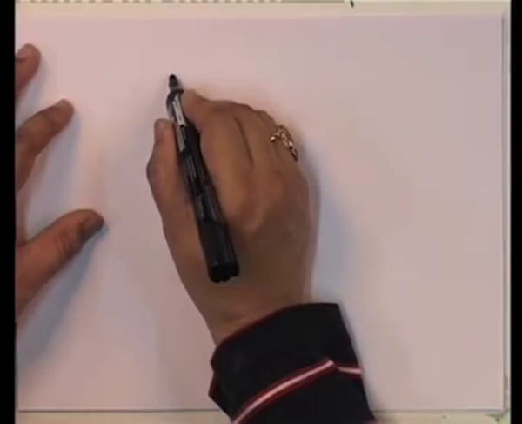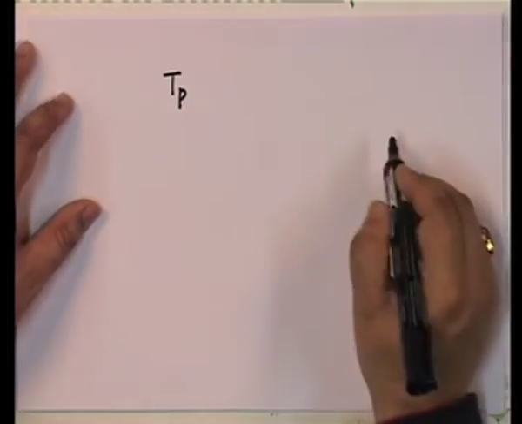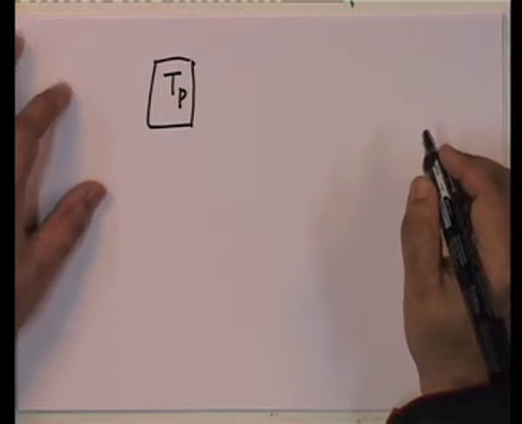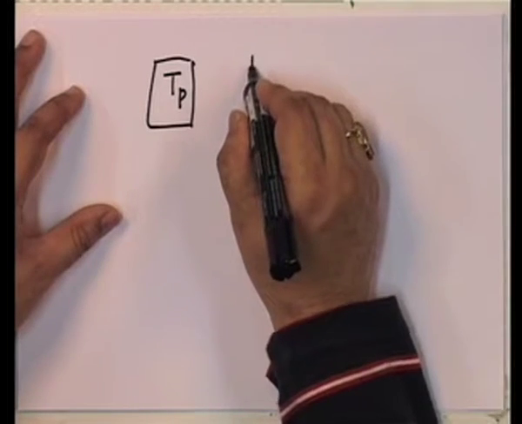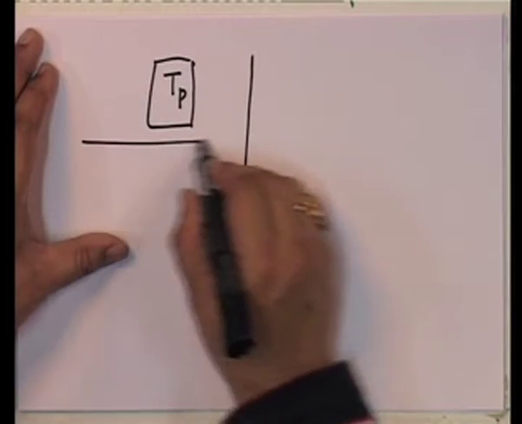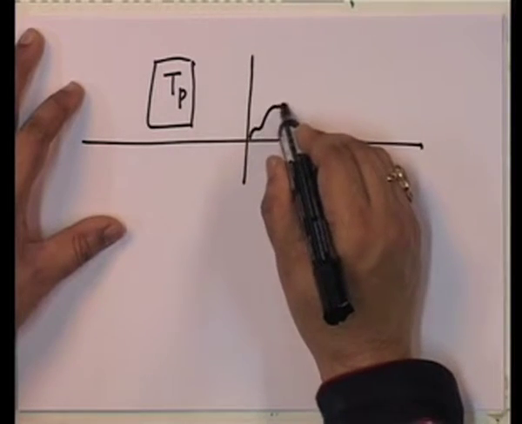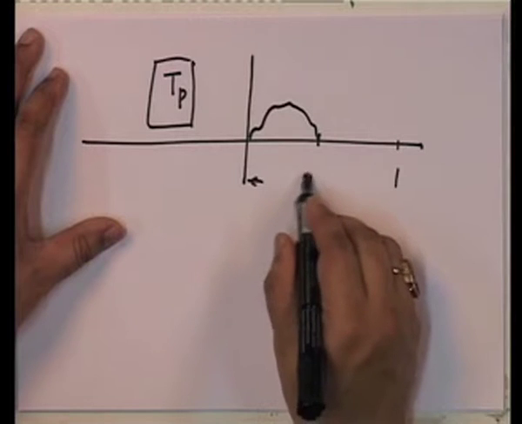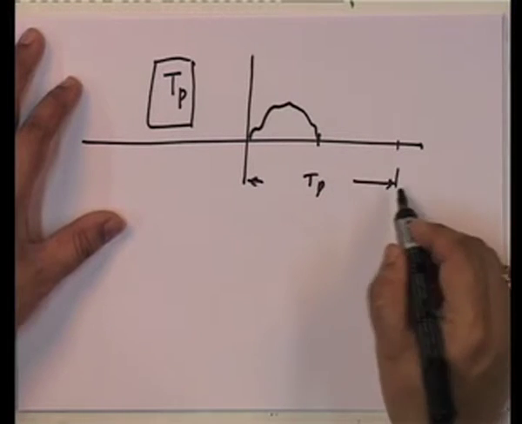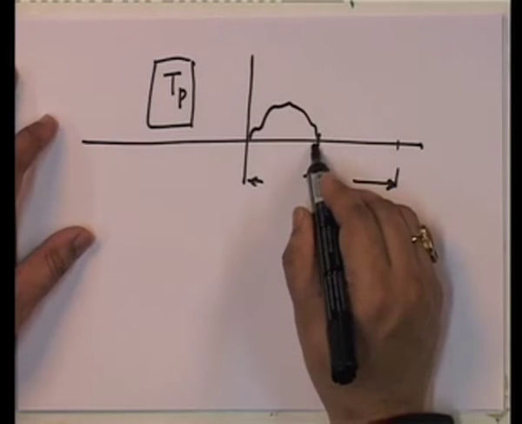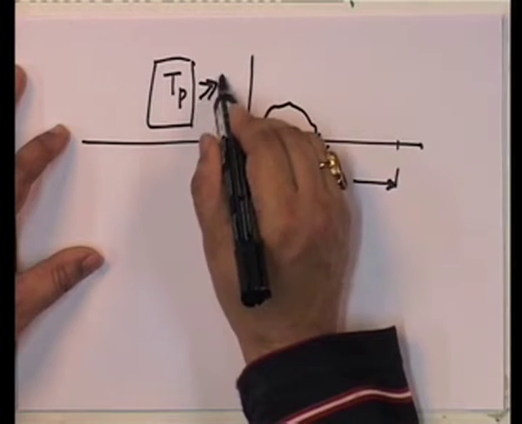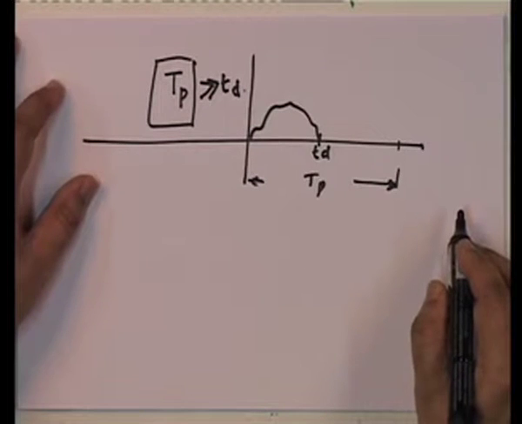Now, the only way to do it is by saying that T p, the periodicity which we took as infinite, is not infinite. This is very important to understand: if I have any load, and I have this T p, where this is T d, the duration of the load, T p is always significantly greater than T d.